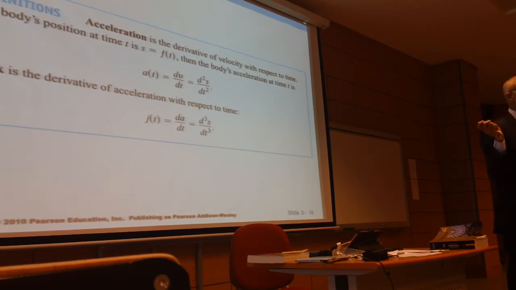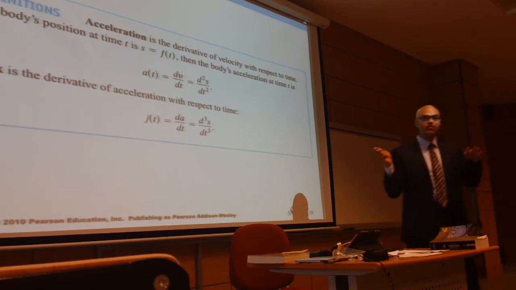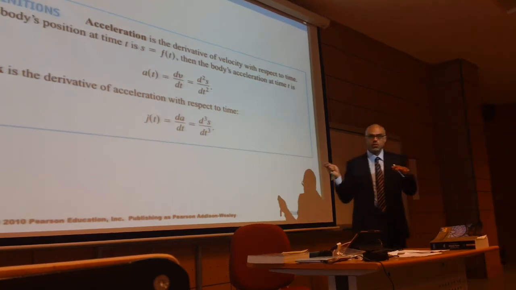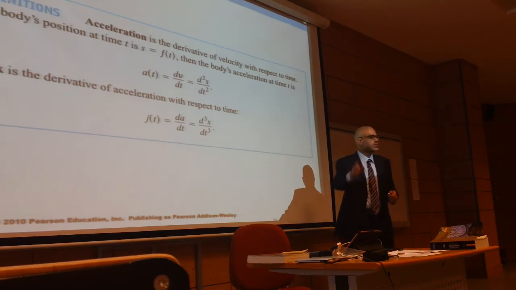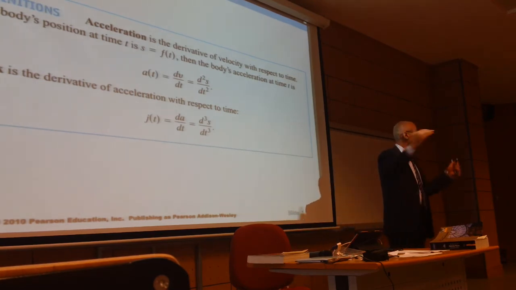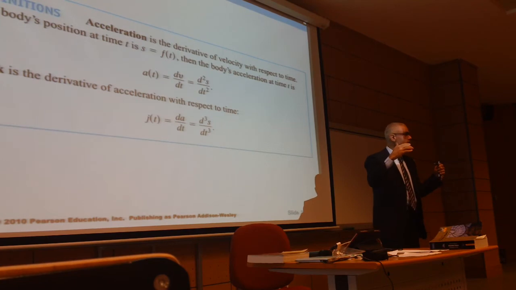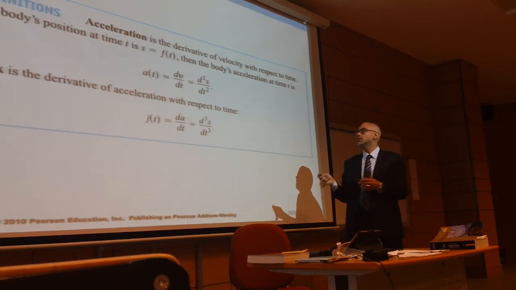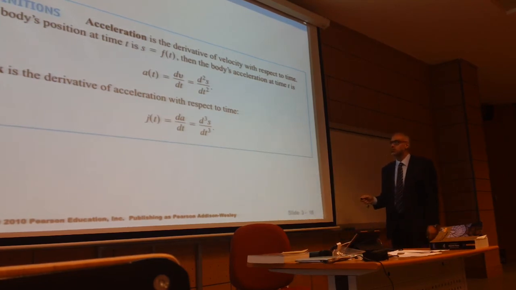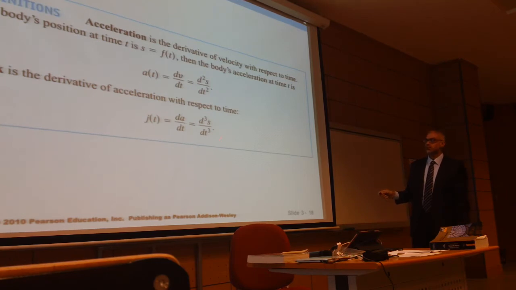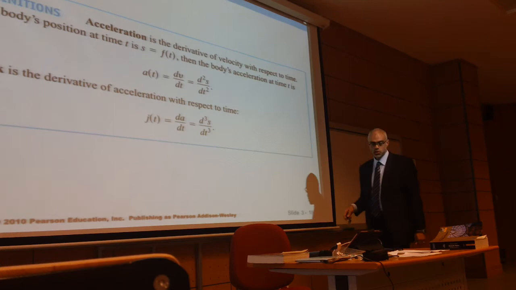You rarely ever have a single force acting on a body. There's always some sort of friction, some sort of drag. Net force acting on a body is equal to 0 if this derivative is equal to 0. And there is the third derivative, if it exists. We call it the jerk.